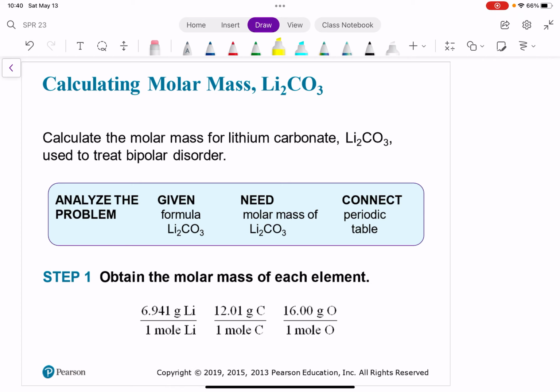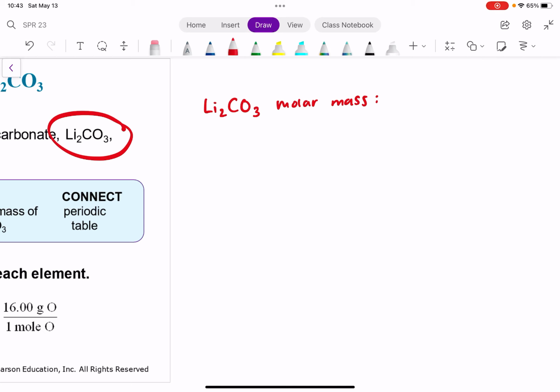But it gets a little bit more complicated when you have compounds and you're trying to determine the molar mass of an entire compound. In order to determine the molar mass of an entire compound, you have to get the molar mass of each element. And you also have to make sure that you account for the number of atoms of each of those elements. Okay, so let's try this out.